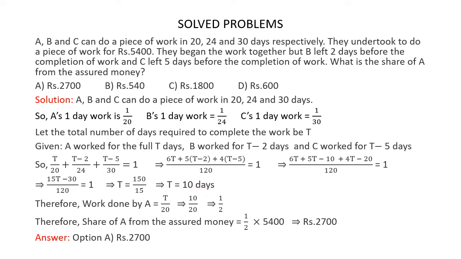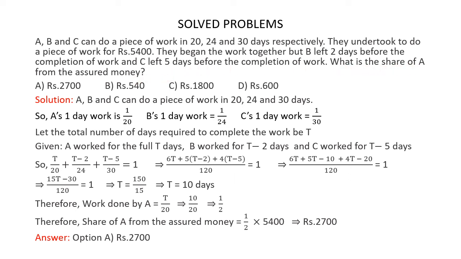Now we know that work done by A is T by 20. We know T is 10, so T by 20 is 10 by 20, which is nothing but 1 by 2. So work done by A is 1 by 2. Now we are asked to find what is the share of A from the assured money.